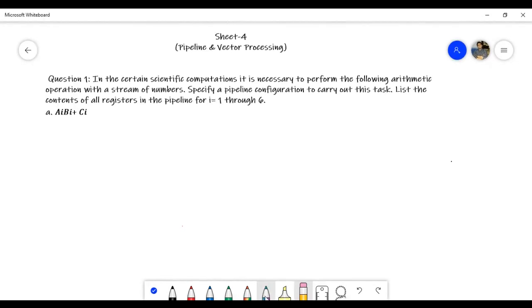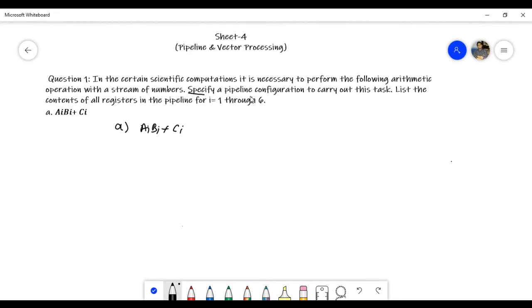Today's topic is pipeline and vector processing. In the pipeline and vector processing, let us take the first example, A I times B I plus C I. So what is the question here? In a certain scientific computation, it is necessary to perform the following arithmetic operation on a stream of numbers.